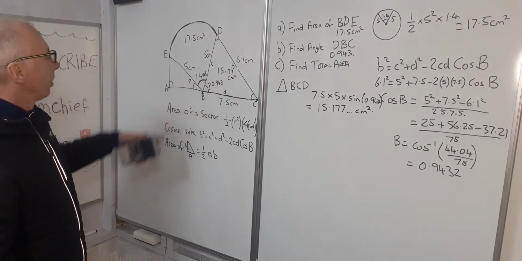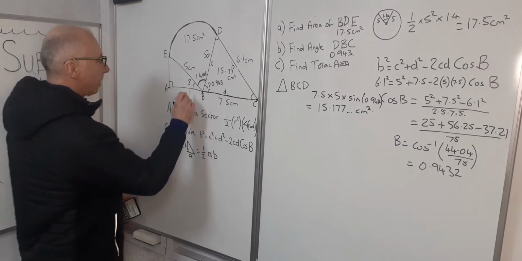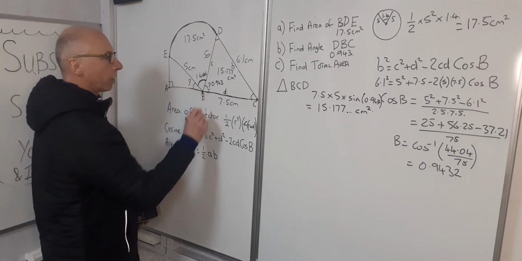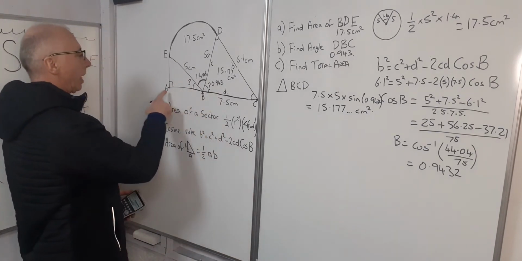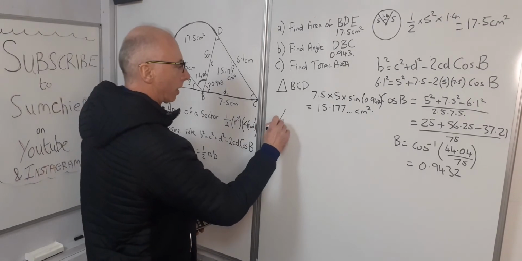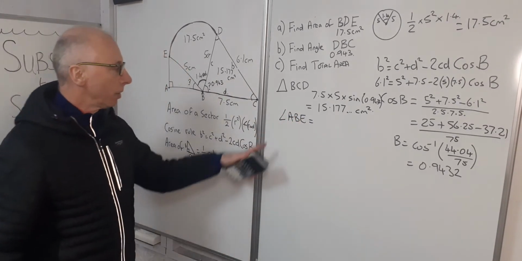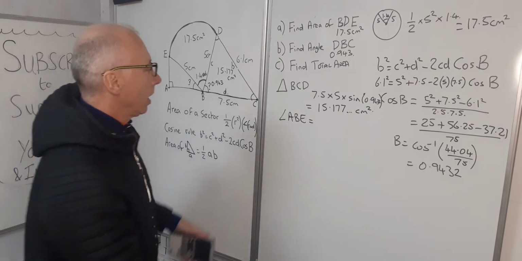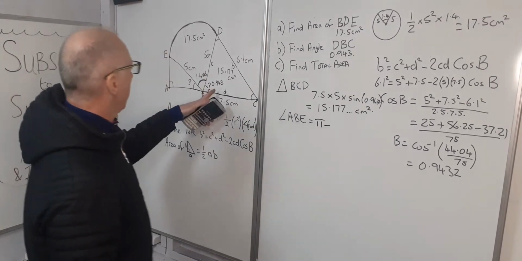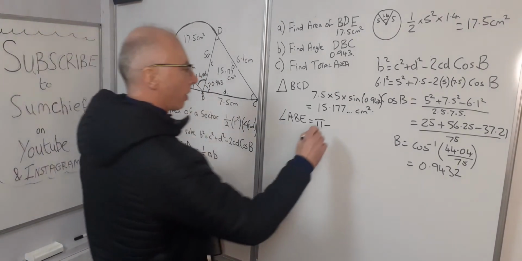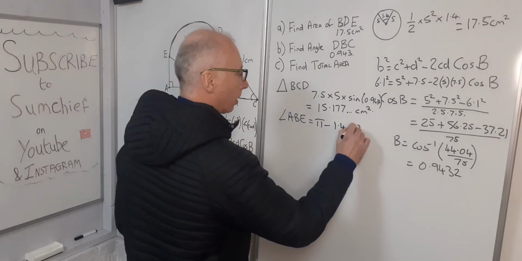So now we've got this one. Well, we don't know this angle of this one here, but as this will total 180 degrees, or pi, as we're working in radians, the angle ABE is pi minus this one and this one, so 1.4 minus 0.943.